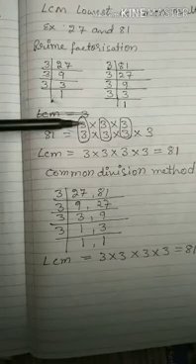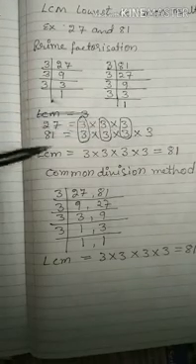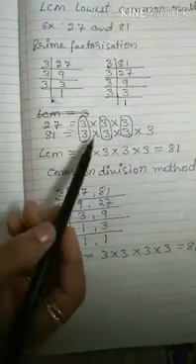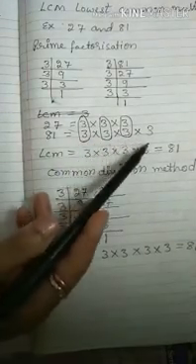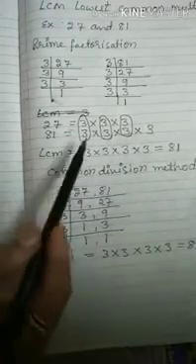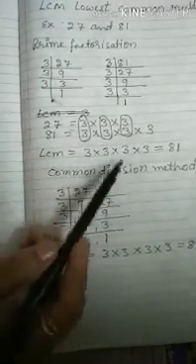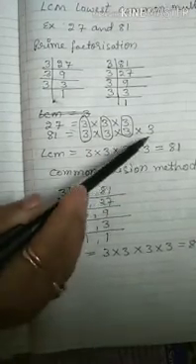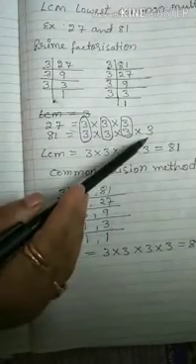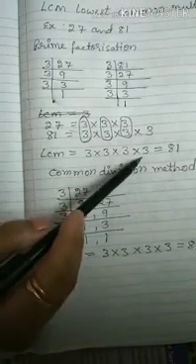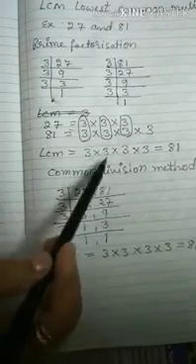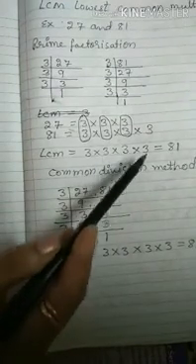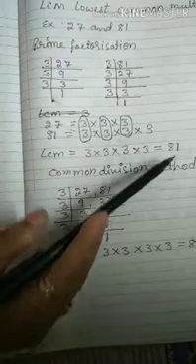The factors of 27 are 3 into 3 into 3. Then the factors of 81 are 3 into 3 into 3 into 3. For the LCM, the common factors we write one time, 3 into 3 into 3. Then whichever factor is left over, we also write in the LCM. So 3. 3 3s are 9, 9 3s are 27, 27 into 3 is equal to 81.